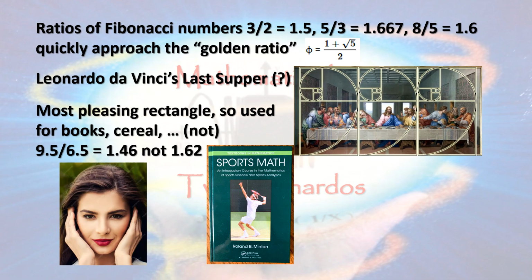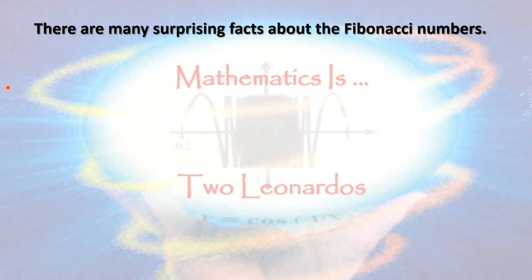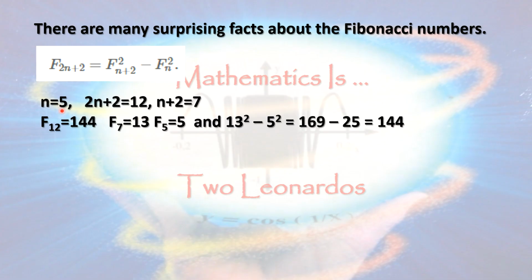There are a lot of great mathematical facts about Fibonacci numbers, apart from whatever mystical sway they hold over nature. One example is the formula F sub 2n plus 2 equals F sub n plus 2 squared minus F sub n squared. That's a lot of notation. Let's see what it's talking about. Let's use n equals 5 as an example. So on the left is F sub 12. 2n plus 2 is 2 times 5 plus 2, 12.